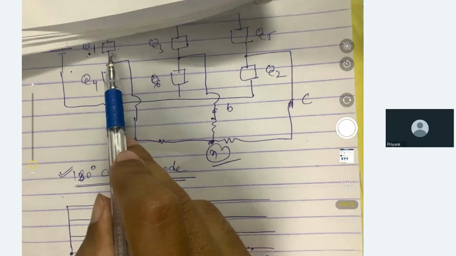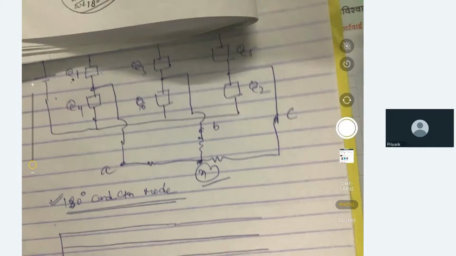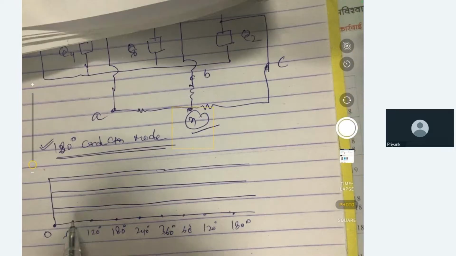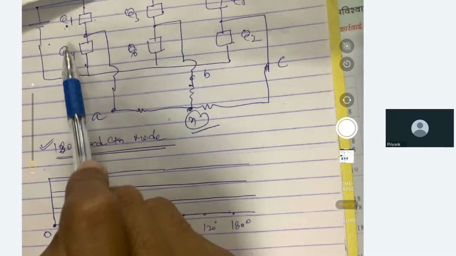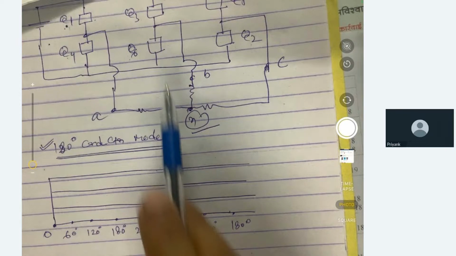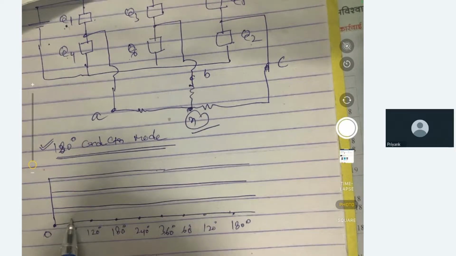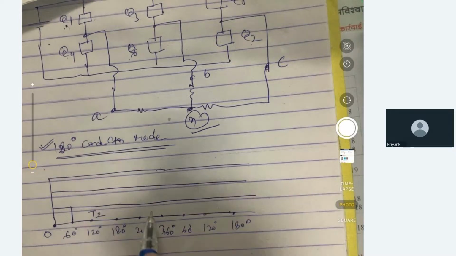Okay, so let's start with this. The firing sequence is fixed, and the sequence is also important: Q1, Q4, Q3, Q6, Q5, Q2. These switches are connected like this. So at 60 degree, T2 is fired. This needs to be remembered, otherwise we will not be able to solve it.